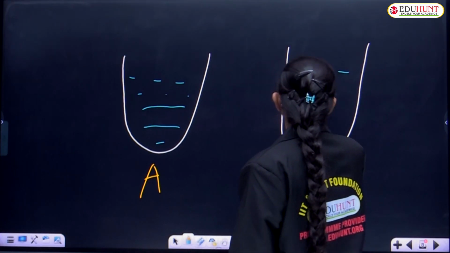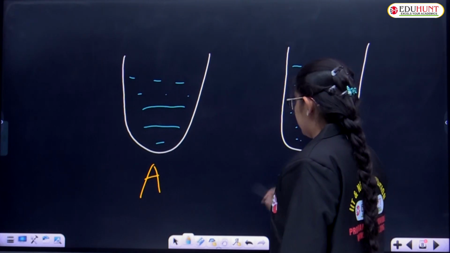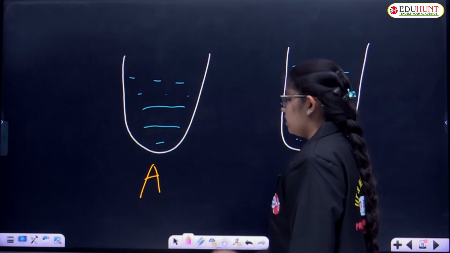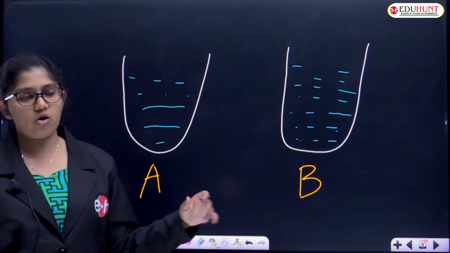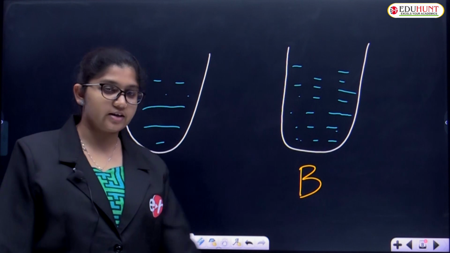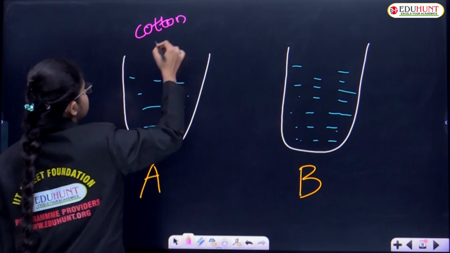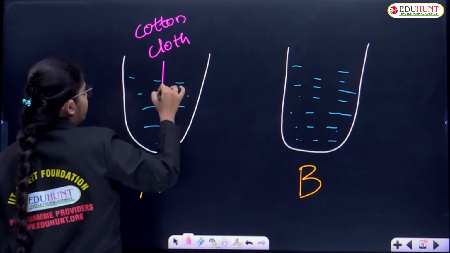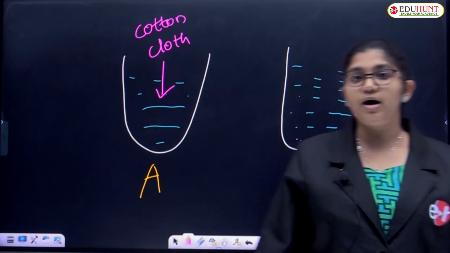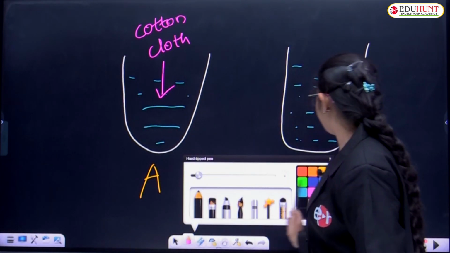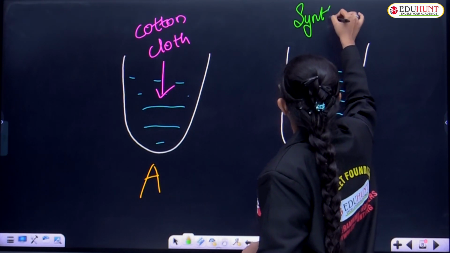First we'll take a cotton cloth, for example a cotton kerchief, a piece of cloth made of natural fabric. Dip that cotton cloth in mug A and soak it for a while. And in mug B, dip the synthetic cloth. Any synthetic cloth you can dip.